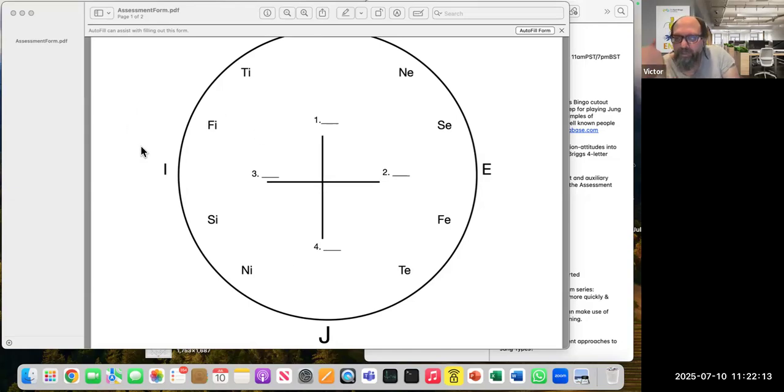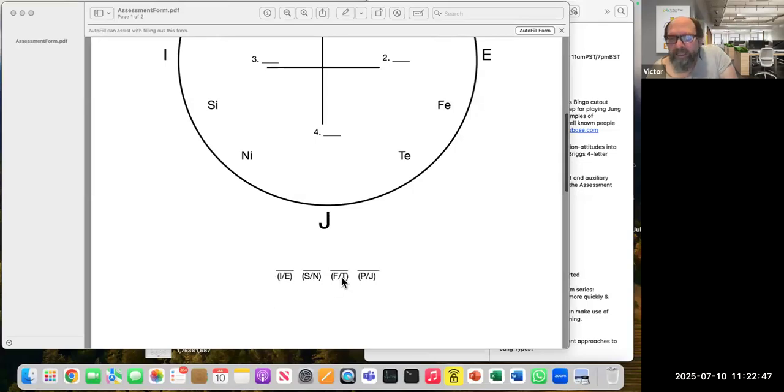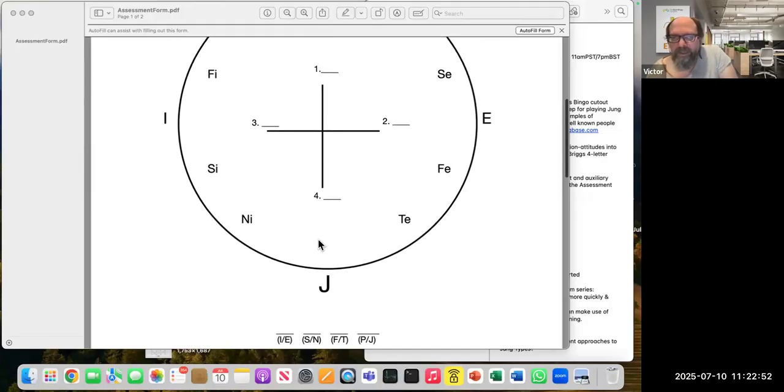They're not part of this process. We're just looking at identifying what the first function attitude is, meaning the orientation of it, and what the second function attitude is, meaning the orientation and the function. That's because these two positions are what have developed the most. The dominant and the auxiliary are the functions most developed, and that's why they're in the Myers Briggs personality type chart, sometimes called the 16 personalities.